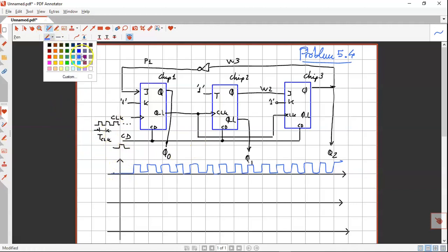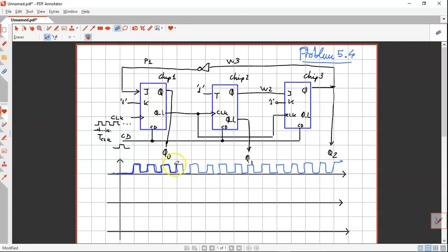You select a color, and you can have a paper with a grid like this, so you are sure that every square is a period. That's one way to do it correctly.